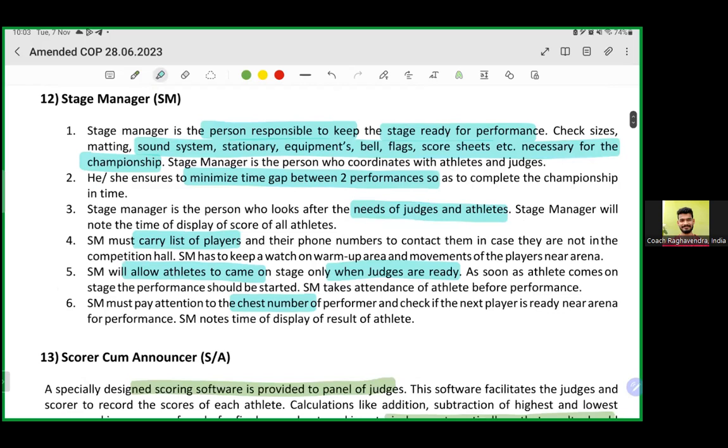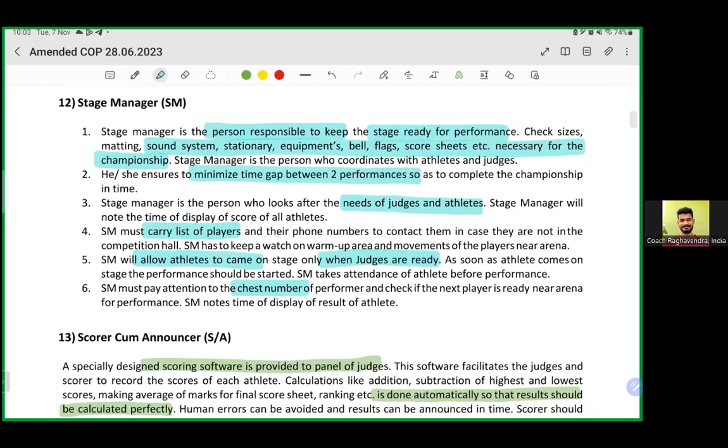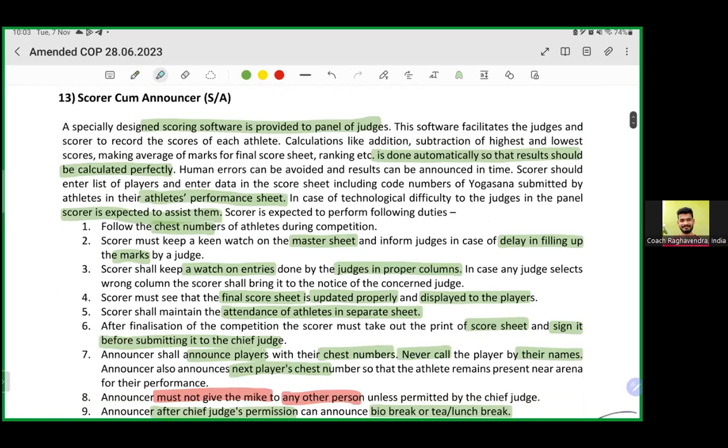Now let's see the scorer cum announcer responsibilities. This scorer scores the marks in the software nowadays. If there is no internet connectivity or such sophisticated technology in that particular place, he is the person who takes care of the calculations, and giving the ranking in the final score sheet.